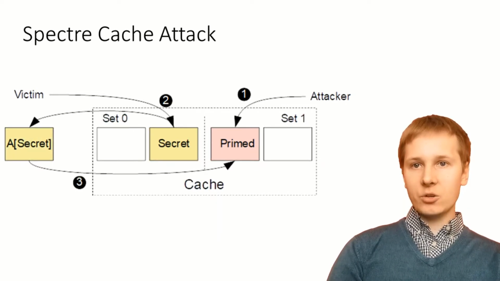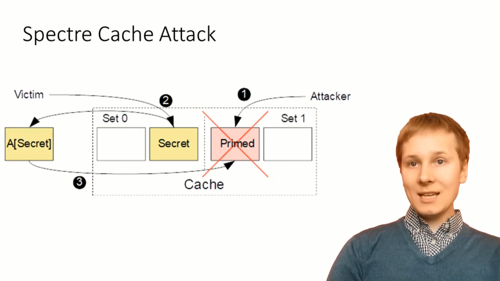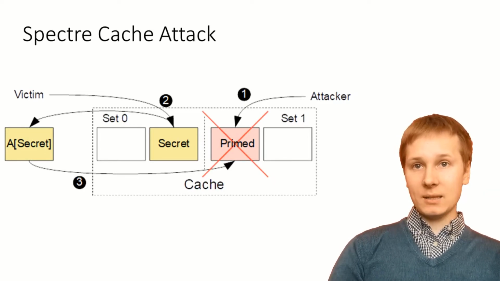Finally, the attacker tricks the victim into using that secret data as an index for another memory access. This either will or won't evict the attacker's primed data, allowing the attacker to learn partial information on the secret, who can then repeat the attack until they can learn it in its entirety.